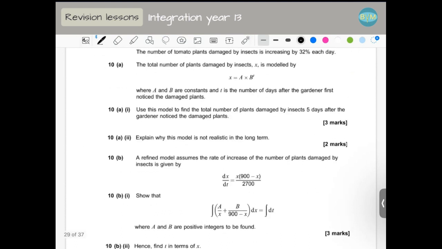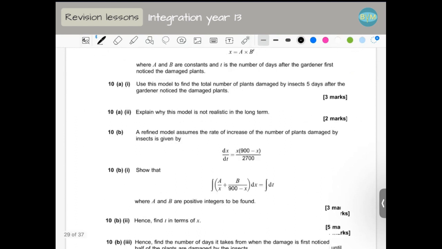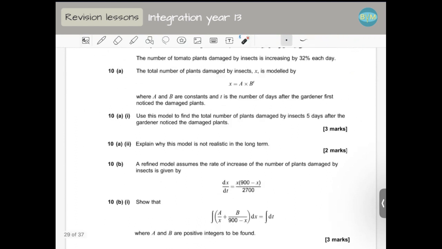Do we have to round to something? Total number of plants damaged. Okay, rounding. Always in these modeling questions, think about your rounding. In a normal question, no modeling, you're going to round to the nearest whatever. When you have a modeling question, think, because not always are you rounding to the nearest number.